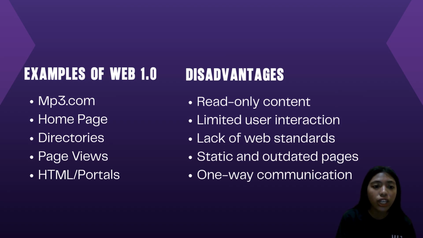Search engines weren't very advanced yet, so people relied on directories to find what they needed. So this shows how Web 1.0 focused on navigation and access to information rather than personalization or interactions.